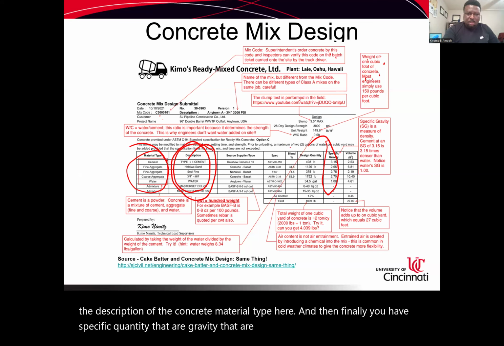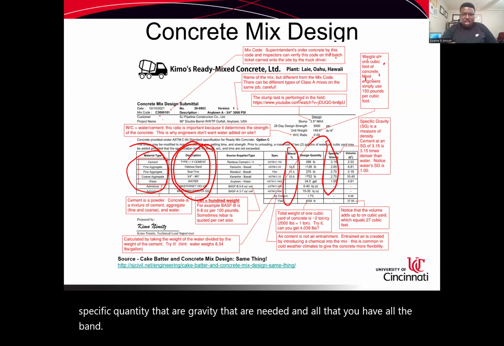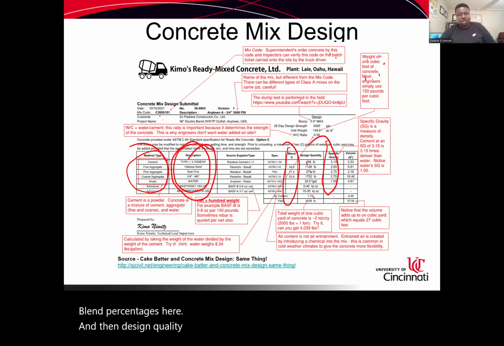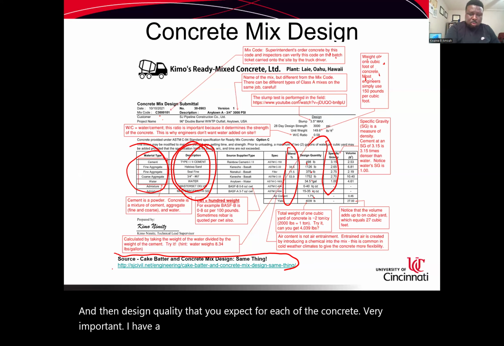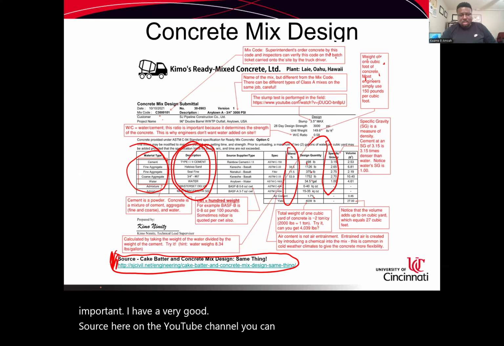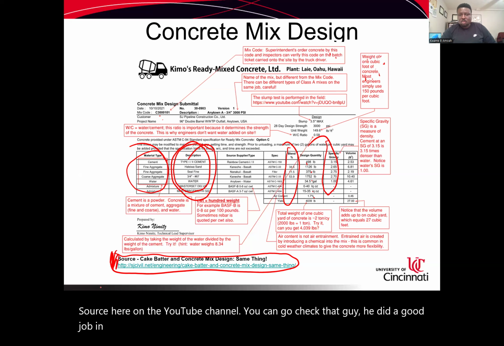You have all the blend percentages here, and then the design quantity that you expect for each of the concrete. Very important. I have a very good source here on the YouTube channel. You can go check that guy. He did a good job explaining the mix design for you.